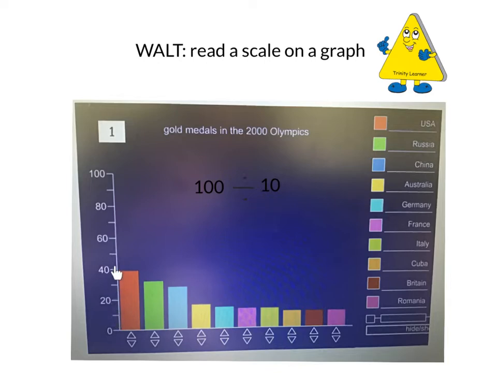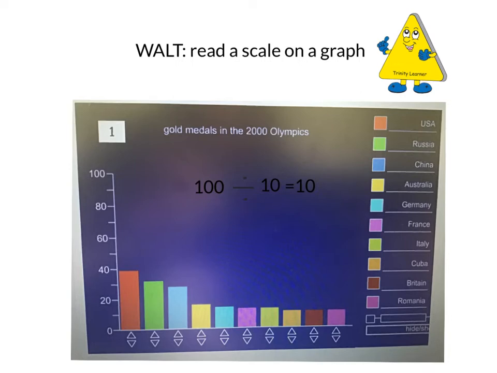So counting in tens, some of you will already know by looking at that the answer is in fact 10. But if you weren't sure, again, linking back to your division skills, you're being asked how many tens are there in 100. So if you count in tens up to 100, 10, 20, 30, 40, 50, 60, 70, 80, 90, 100, that would be 10. So each of those little guys is worth 10.